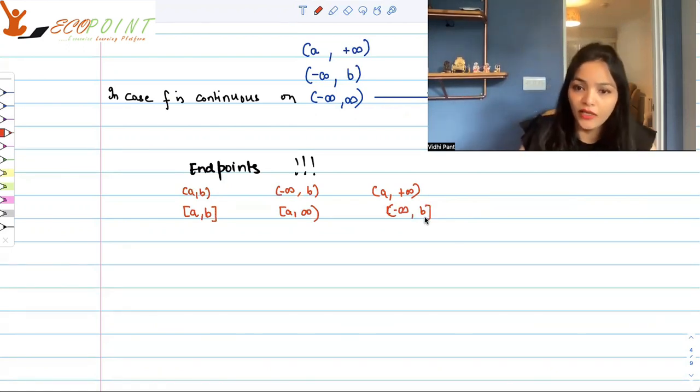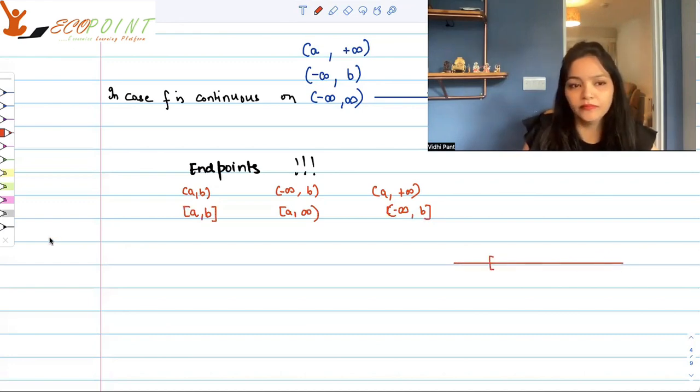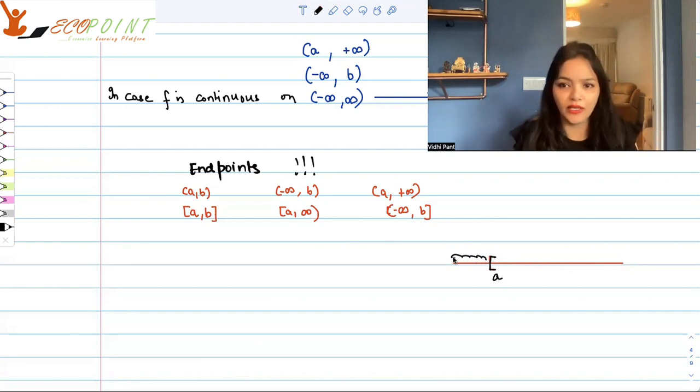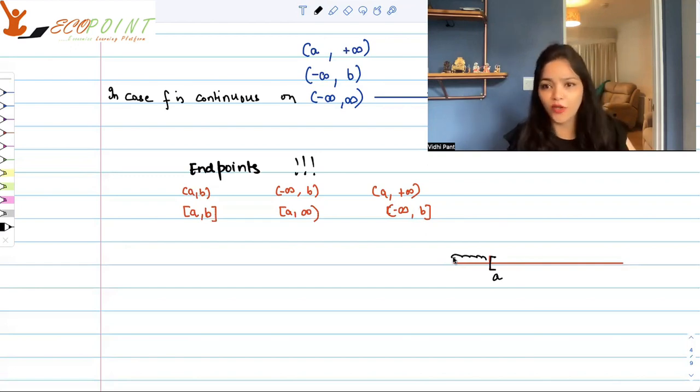Well, notice that when you have a closed interval, suppose this interval is closed at a. Whatever is on the left of a is not a part of my interval. I don't have to be bothered about it. I don't need to know what the function looks like there because the function is not going there at all. It's not a part of our domain.